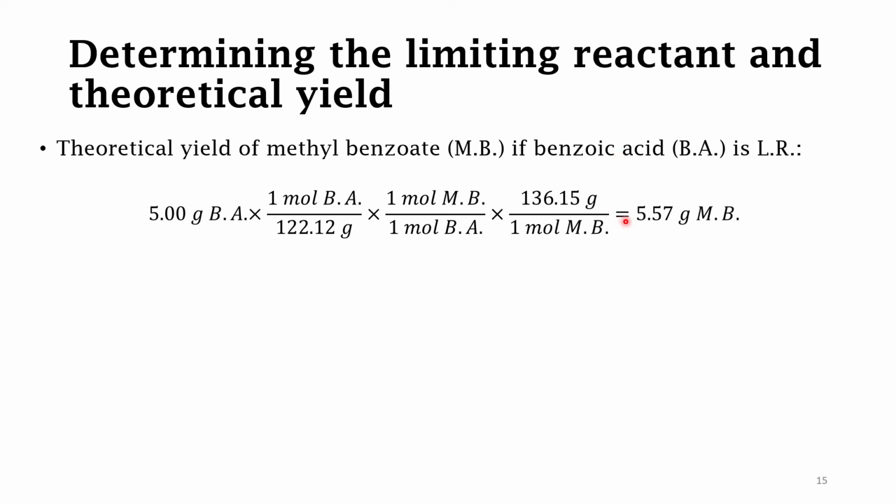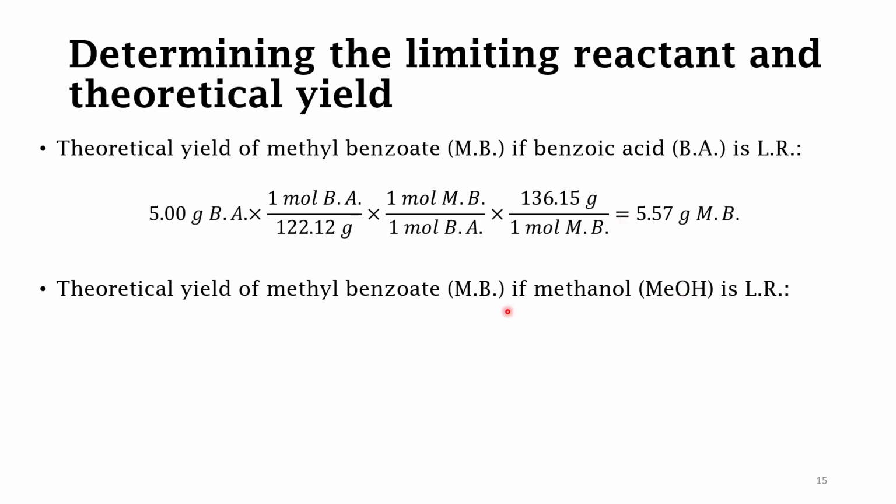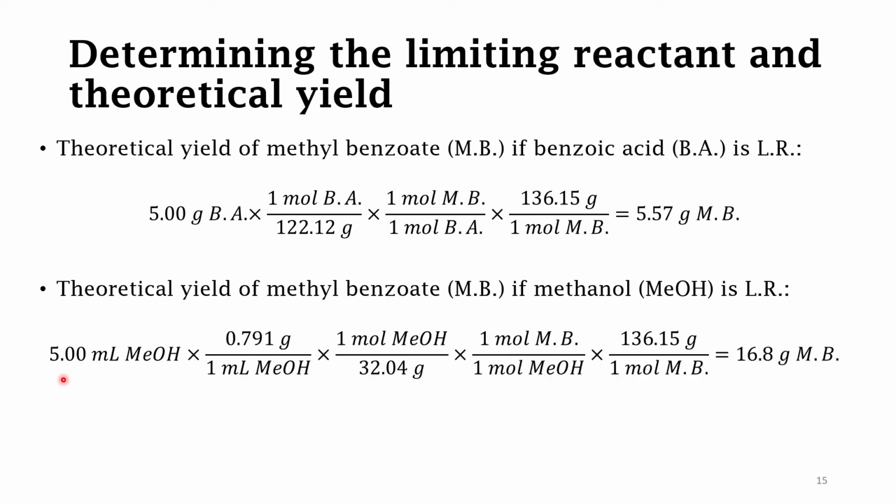Let's check our other reagent, the methanol. So we're going to calculate from the amount of methanol how much methyl benzoate could be formed. So we started with 5 milliliters of methanol. We used the density, which tells us what 1 milliliter of methanol weighs, so we can go from milliliters to grams of methanol.